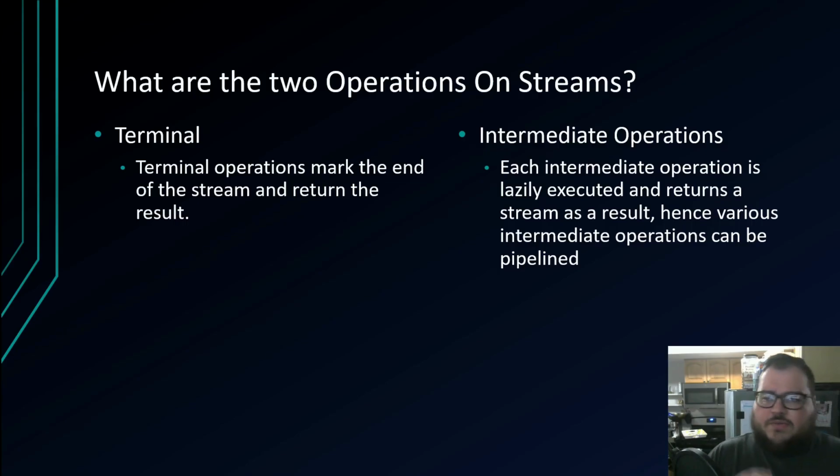If all of those hit on the first object in your data stream, you won't be processing all the rest of the objects. So it's very important that the stream understands what we are doing with this data at the end. What is our end goal? Are we collecting it all to a set? Do we only care about the first one that matches this criteria? It's very important for the pipeline to be properly built out for the stream.